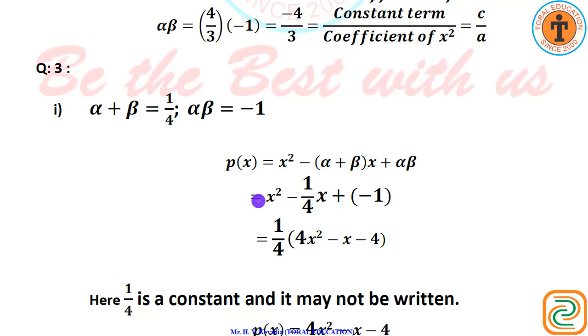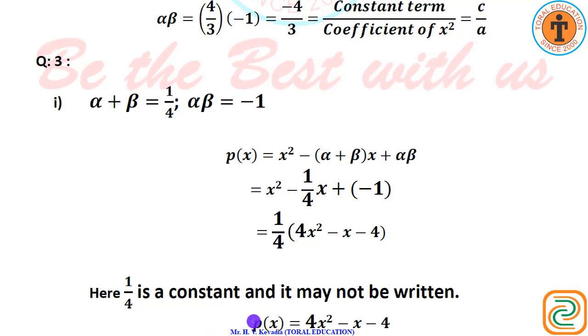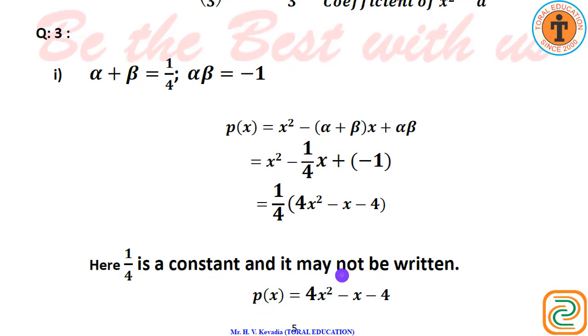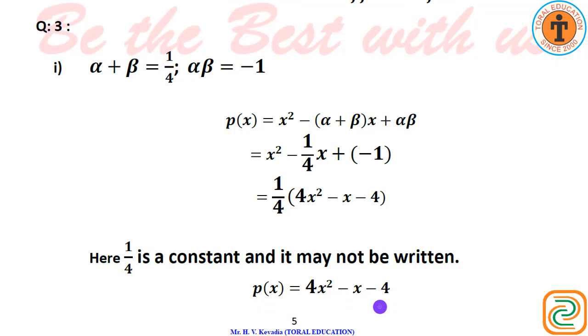So this one is 4x square minus x minus 4. But 1 upon 4 is a constant and it may not be written. If we take it as k, k can be removed. So p of x equals to 4x square minus x minus 4 is our polynomial, quadratic polynomial.